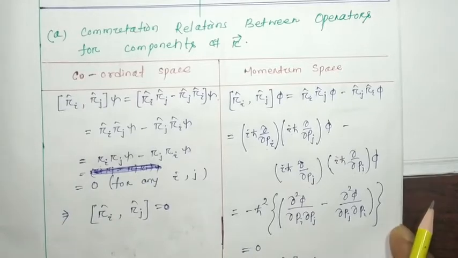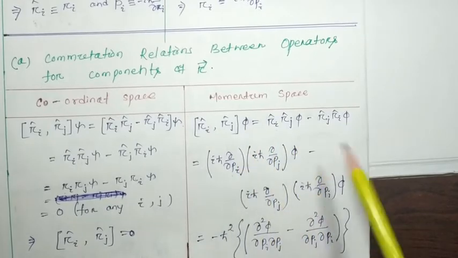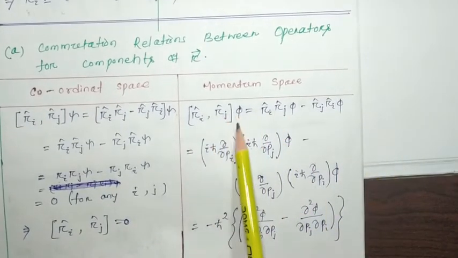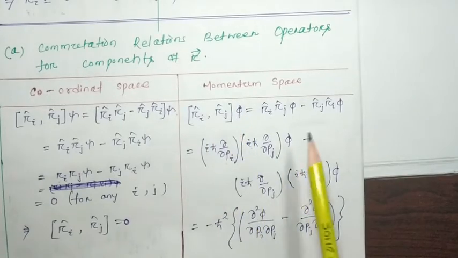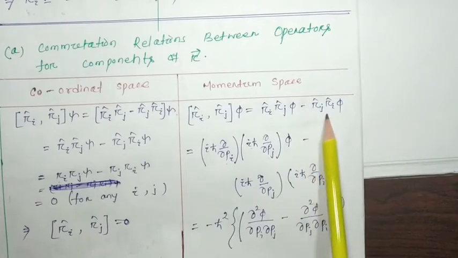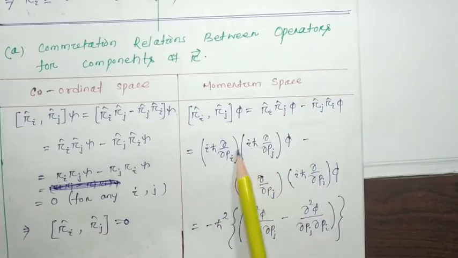Likewise, in case of momentum space, if we consider the commutator of R_i cap and R_j cap over phi, it will be equal to R_i cap R_j cap phi minus R_j cap R_i cap phi. R_i cap and R_j cap values we are going to put over here.